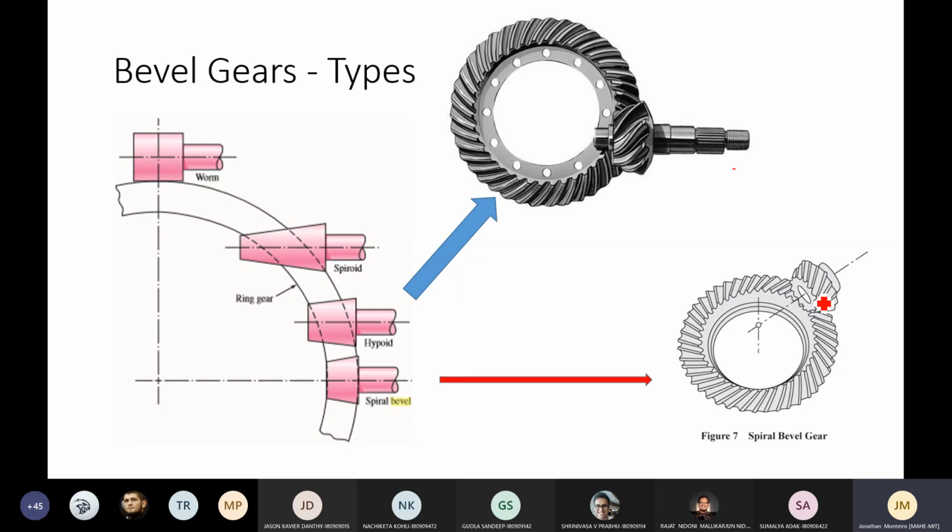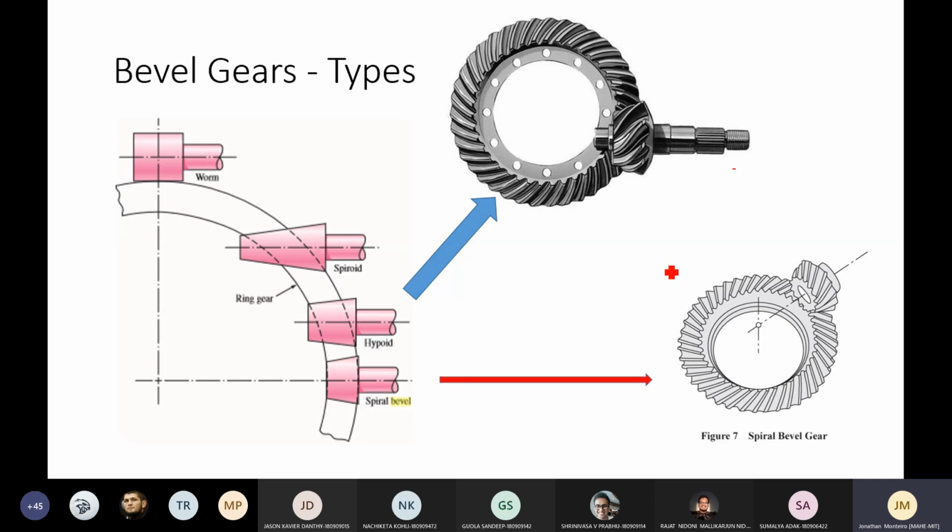It will be in one axis, and you want to transmit the same torque in another axis. That is of very high importance with respect to vehicles or automobiles, where you have the engine on one axis, the propeller shaft on one axis, and finally the rotation of the wheel in some other axis.